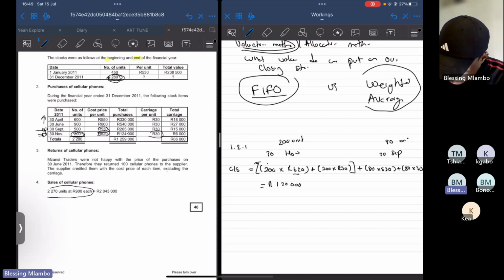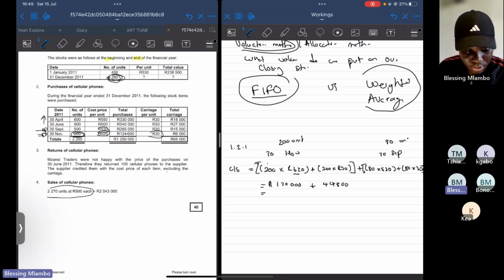So it's 130,000 plus 80 times 580 plus 80 times 80, which is 800. Is this one, and you add it with 130, you get 174,800.